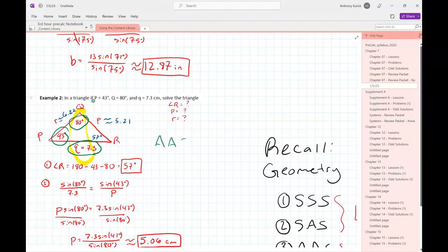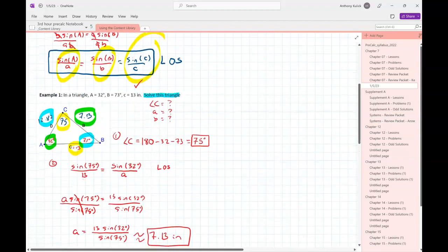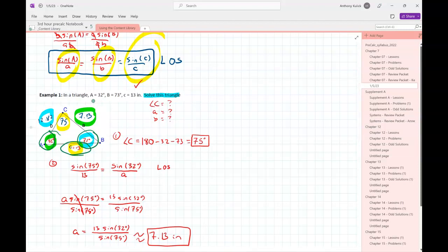So this is the angle, angle, side situation. If I contrast that to the first situation we looked at, where we're given an angle, and a side, but notice there the side is part of both angles, right? So that's an angle side angle situation. Everybody's cool on telling the difference between these two?